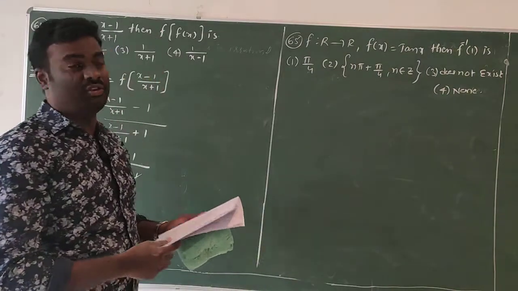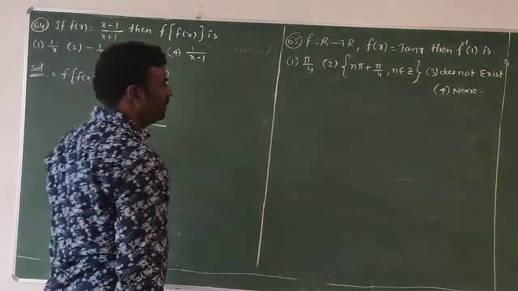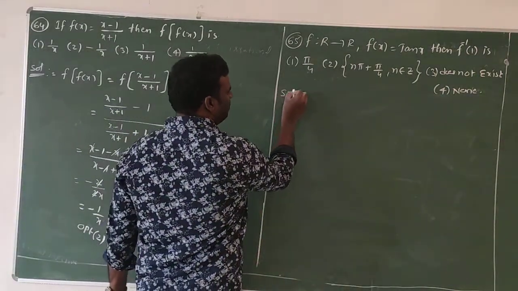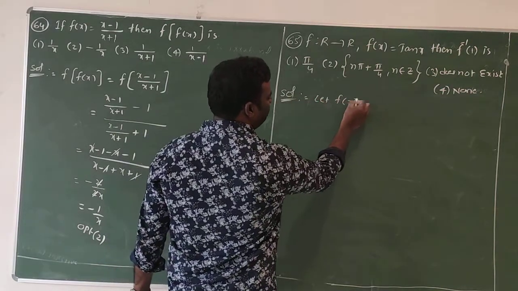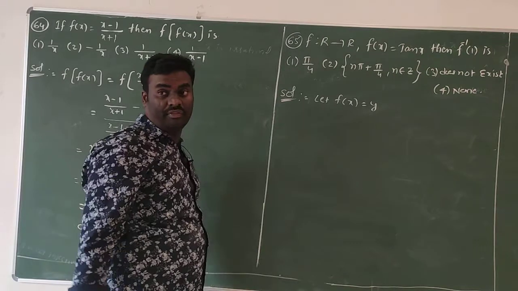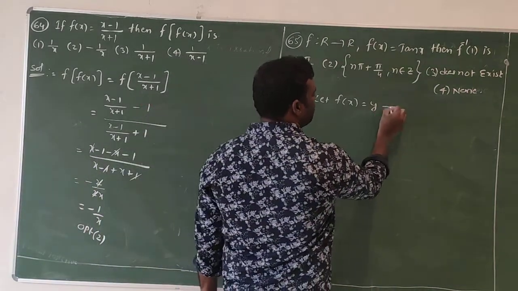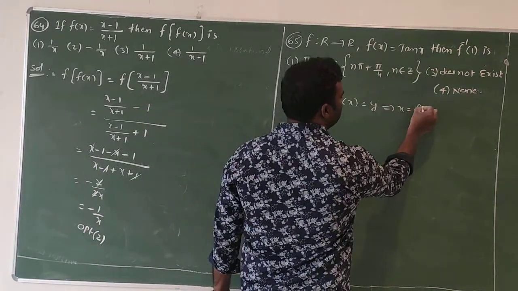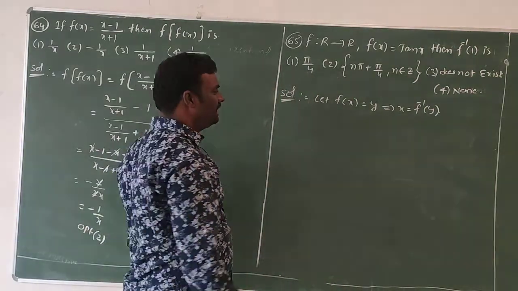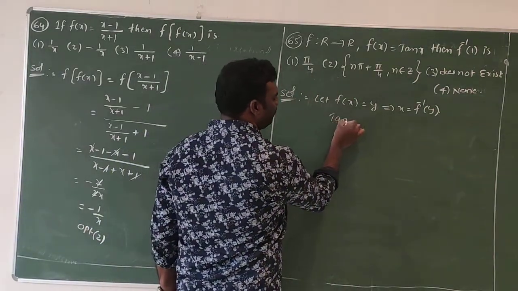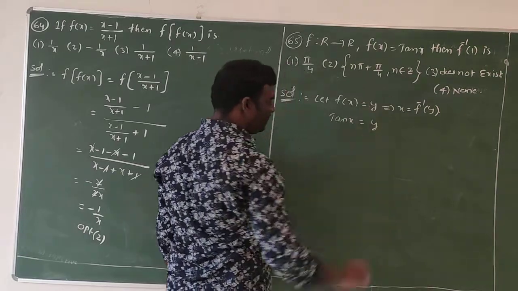Okay. We need to find the inverse of the function. How to find the inverse of the function? Let f of x equals y. From this, x equals f inverse of y. What is f of x? It is given tan x equals y.